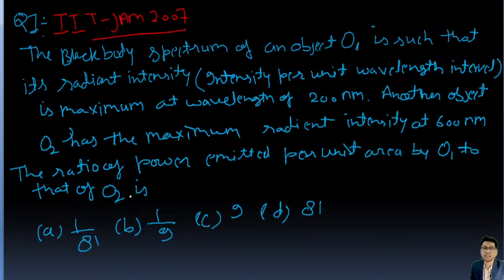I'll read the question again. The black body spectrum of object O1 is such that its radiant intensity, meaning intensity per unit wavelength interval, is maximum at a wavelength of 200 nanometer.